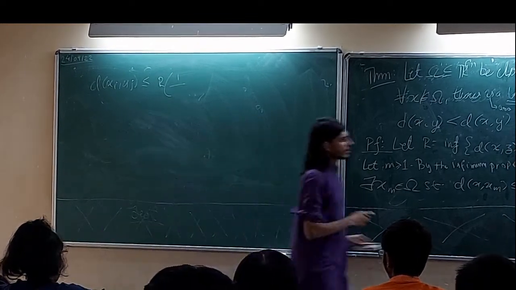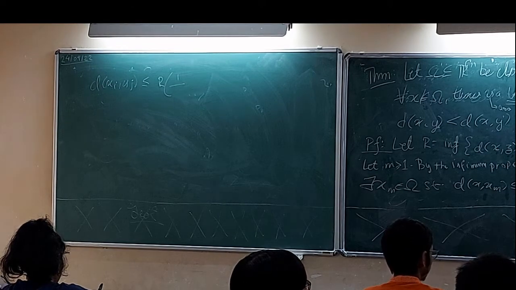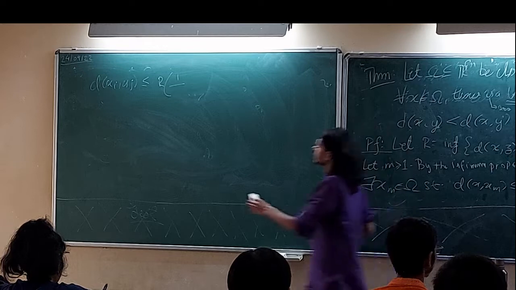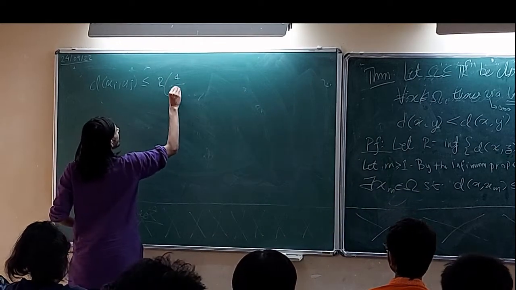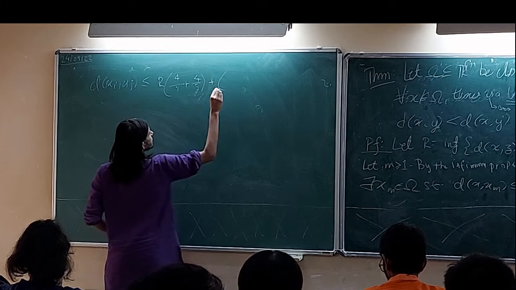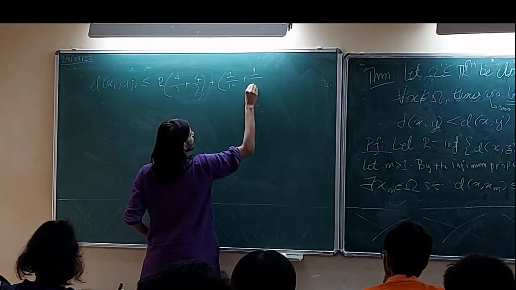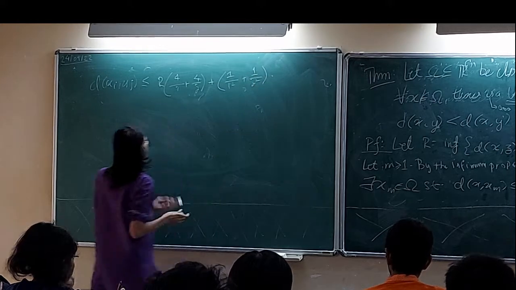Is there a 4? Yes, that's it. So r times 4 by i plus 4 by j plus some 1 by i squared plus 1 by j squared or something like that. You will get something like this.